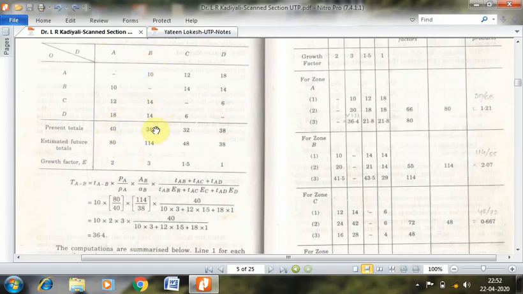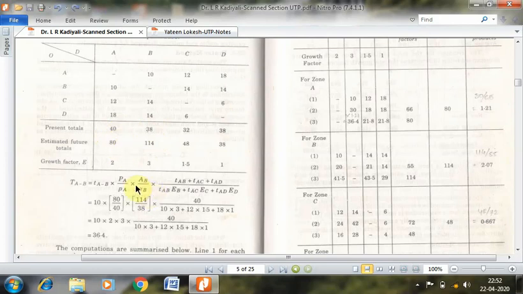Corresponding destination is B because the trips we are considering are between A and B. So from A to B, capital AJ is 114 and small aj is this. So J here is B. I here is this, for zone A.